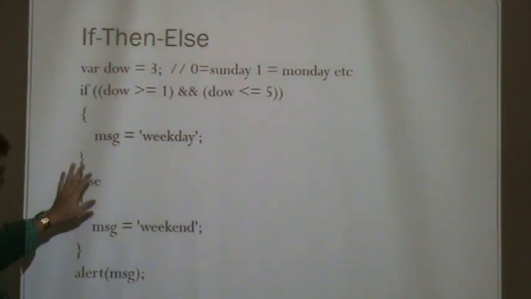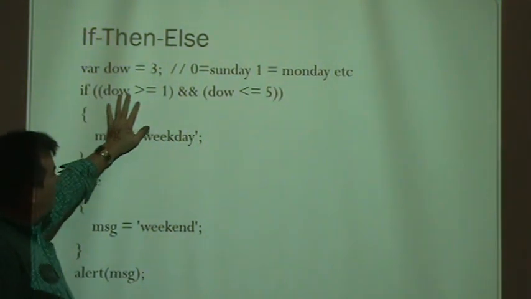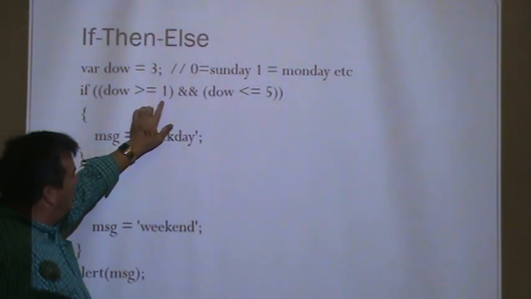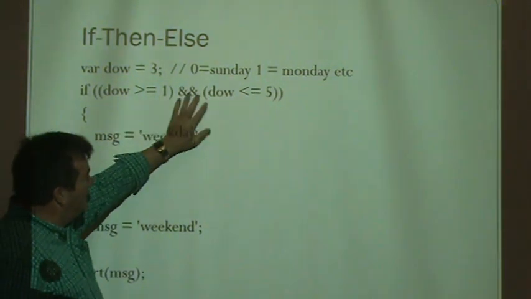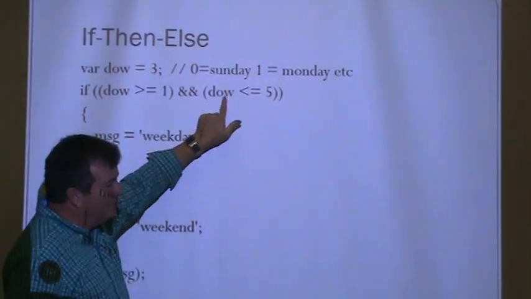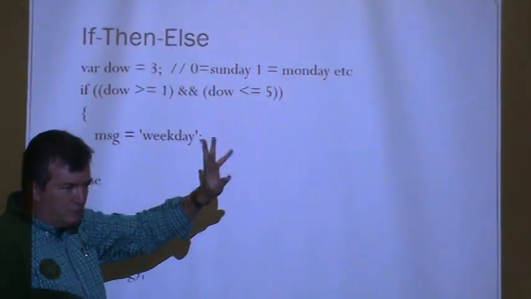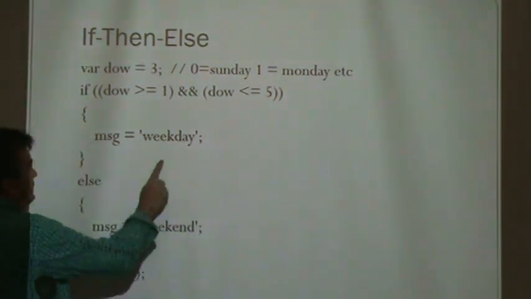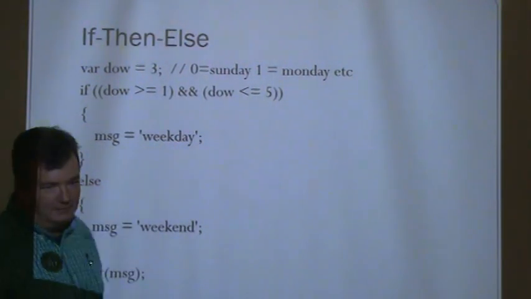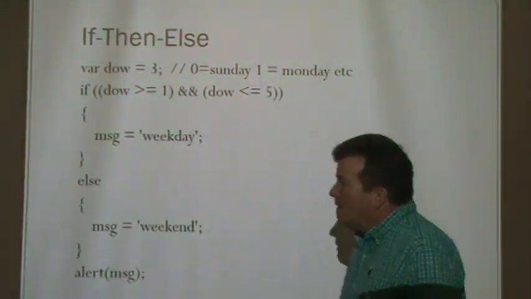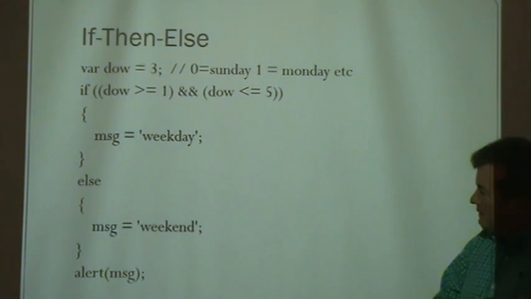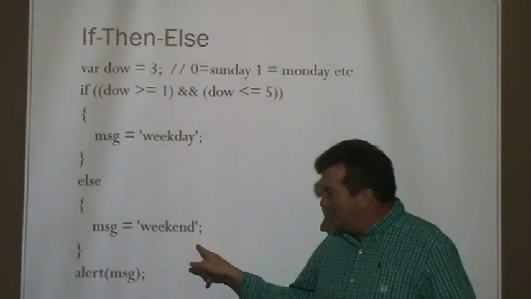So we might say if the day of the week is 1 or bigger and 5 or smaller, meaning 1, 2, 3, 4, or 5, then our output message is going to be weekday. Today is a weekday. But if it's not one of those days, then it's the weekend, and then we print out the message.